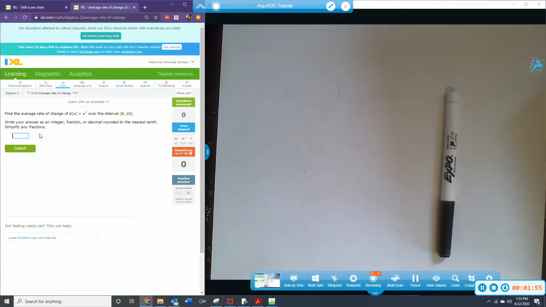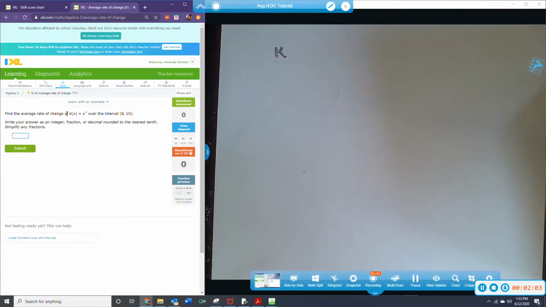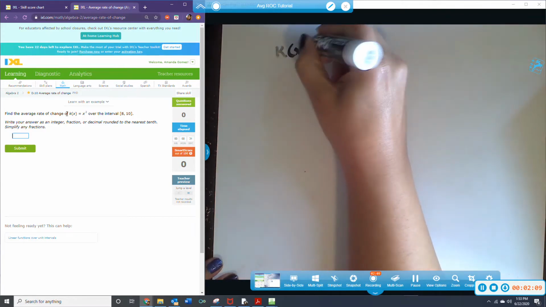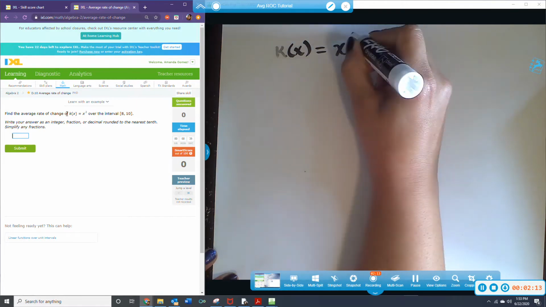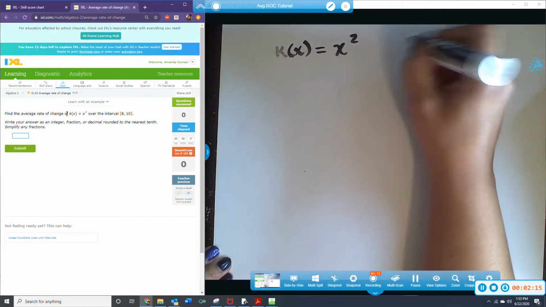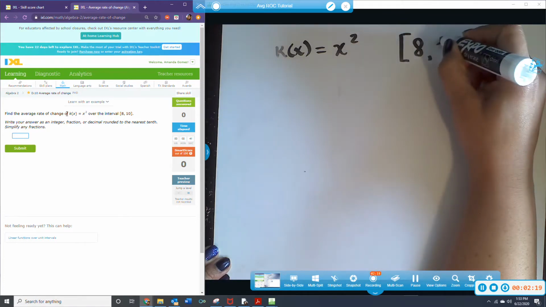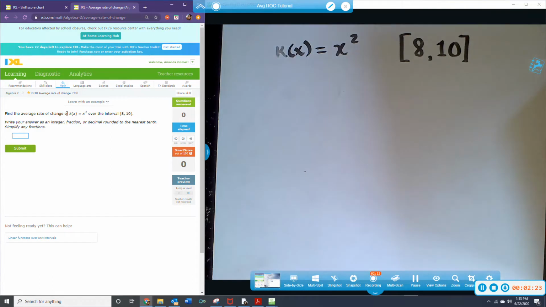To find the average rate of change, it's giving us a function, K of x is equal to x squared, and it's giving us an interval of 8, 10. It's a closed interval because it's using brackets.